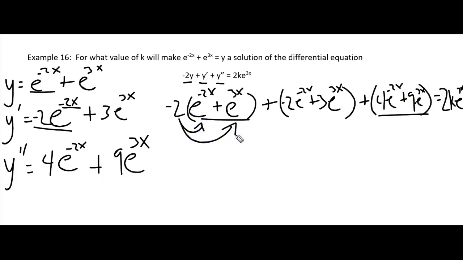And we're going to get negative 2e to the negative 2x minus 2e to the 3x. And we can pretty much just get rid of the parentheses everywhere else.